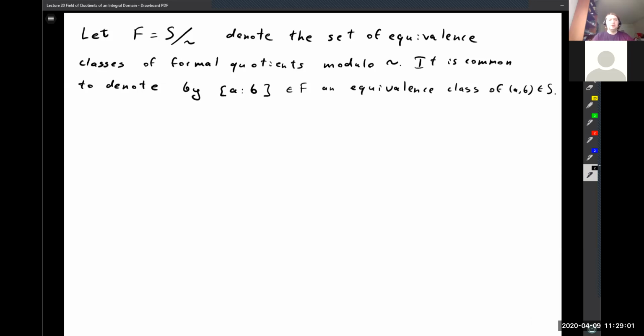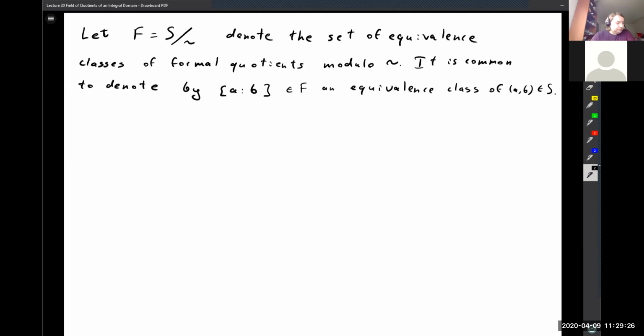I know the textbook uses slash, and I find this not entirely convenient for the last propositions we will prove today. It's kind of misleading there. So I will use the square brackets and semicolon for an equivalence class of a formal quotient everywhere throughout the lecture.